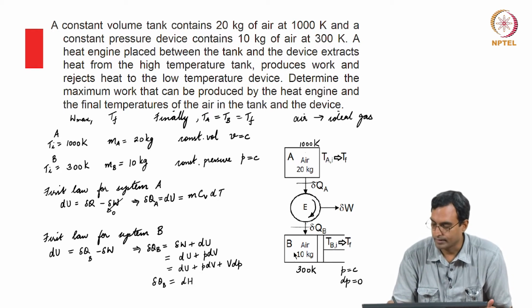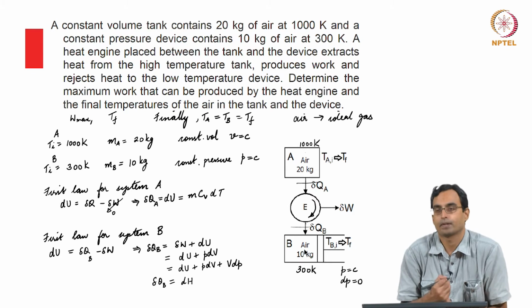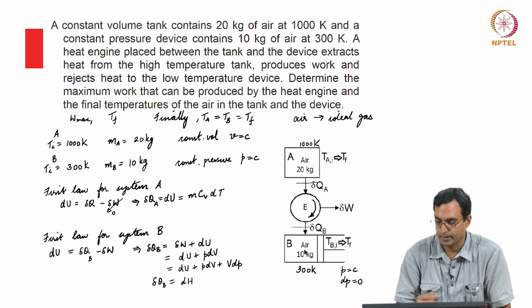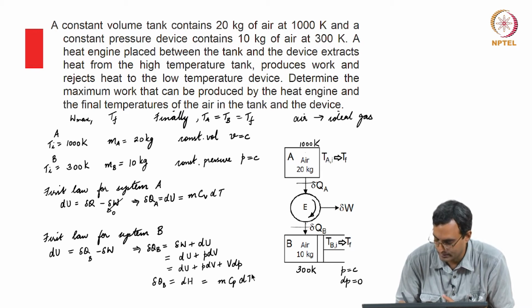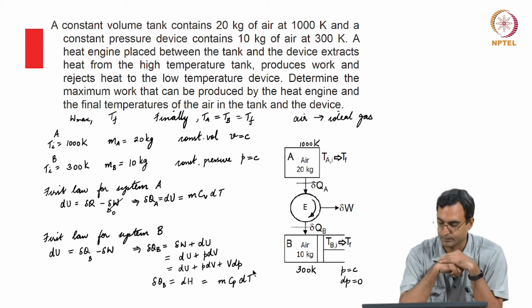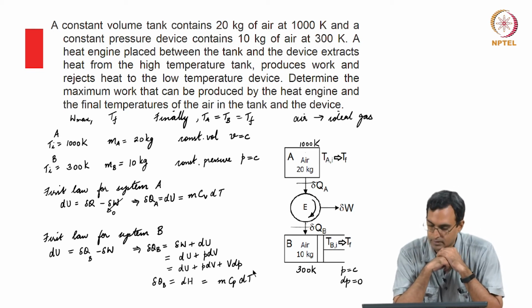So, again the substance here is air. I am going to assume that air is an ideal gas, which means I can write dH as m times Cp times dT. So, this is m times Cp times dT if this is an ideal gas.